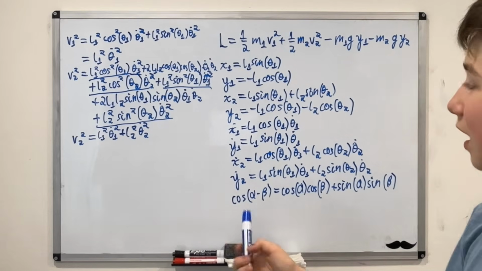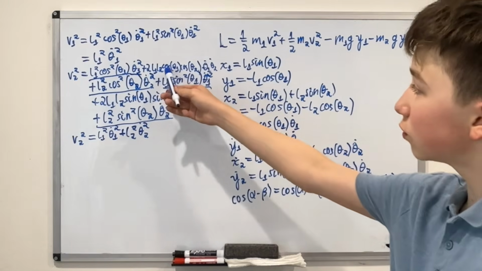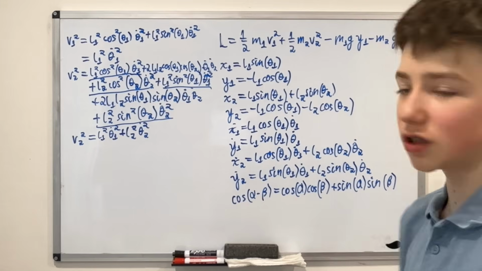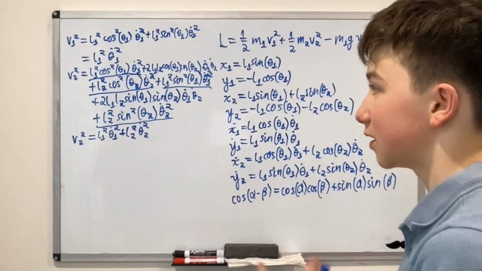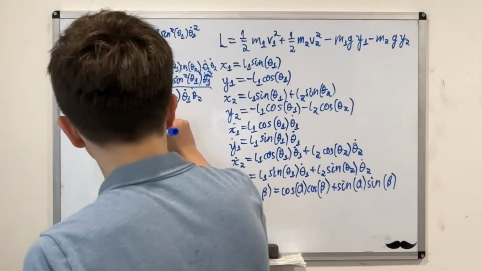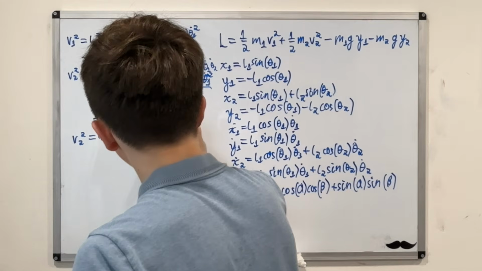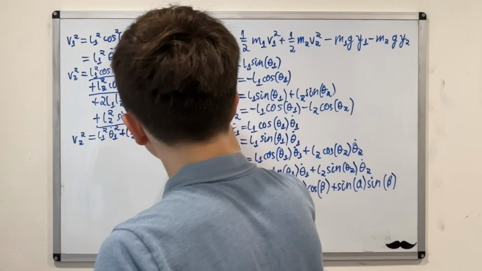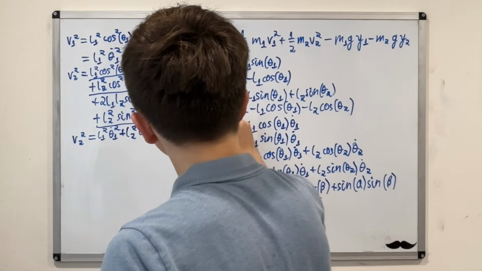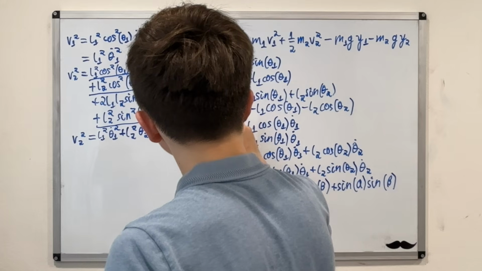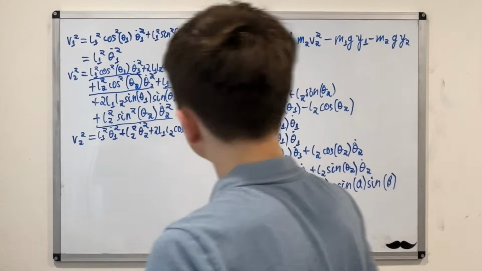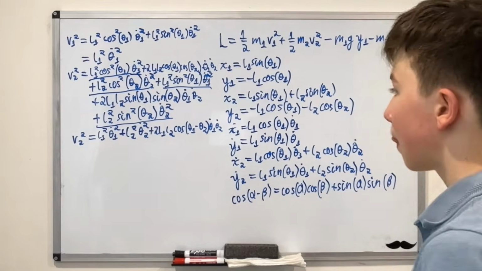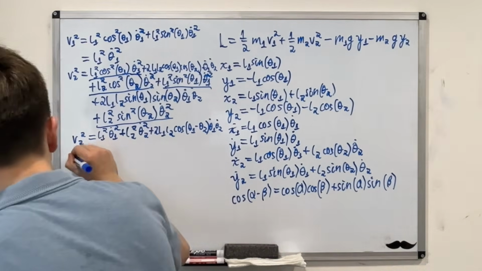So we can use that identity here. So cosine theta 1 times cosine theta 2 plus sine theta 1 times sine theta 2 is just going to become cosine of theta 1 minus theta 2. And then of course we have what we factored out. So we're going to have 2L1 L2 times cosine of theta 1 minus theta 2 times theta 1 dot times theta 2 dot. And that deals with our v2 squared. Now let's see what our Lagrangian becomes.